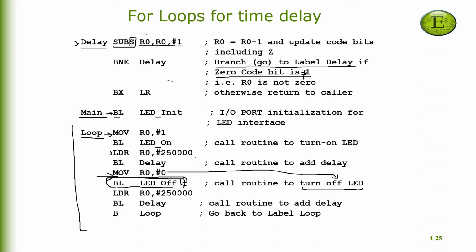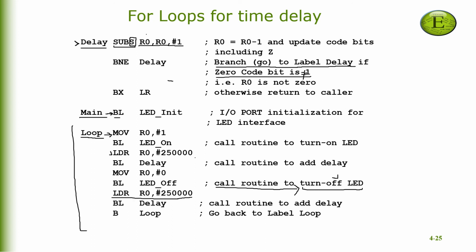So in this routine, if you go two slides back, the value of the register is written to the port and the port data is updated. That will actually turn off the LED. Again, we are assuming that the LED is connected to some least significant pin of some port. So executing this LED off routine will turn off the LED.